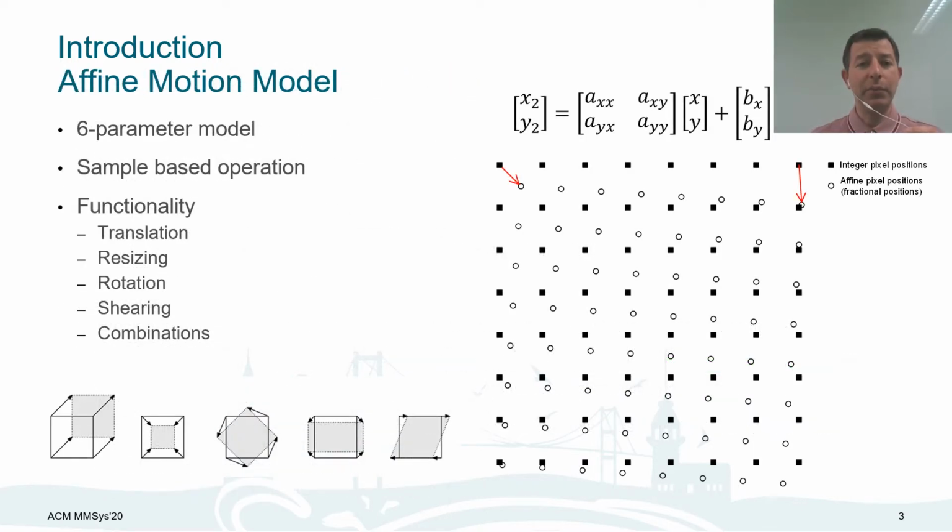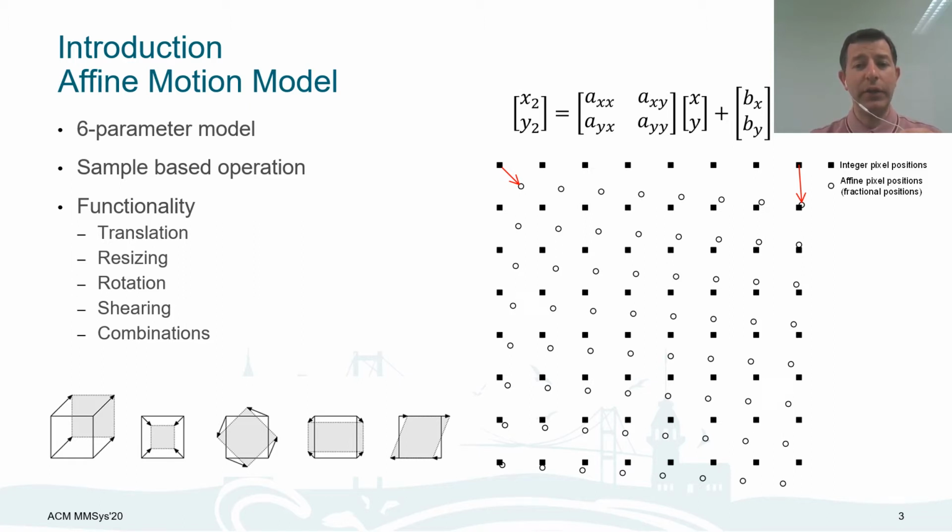So the basic idea of affine motion compensation is that the motion vector and the location of each pixel in the reference frame is found with a matrix-based mapping. So it's able to capture rotation, resizing, deformation, shearing, different types of changes.